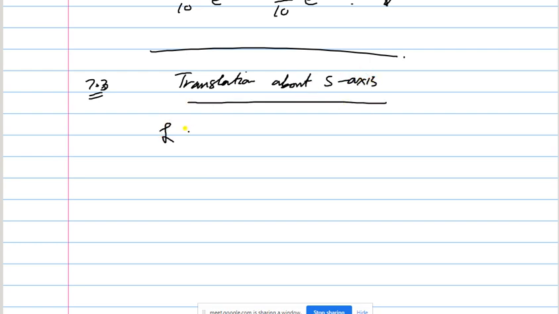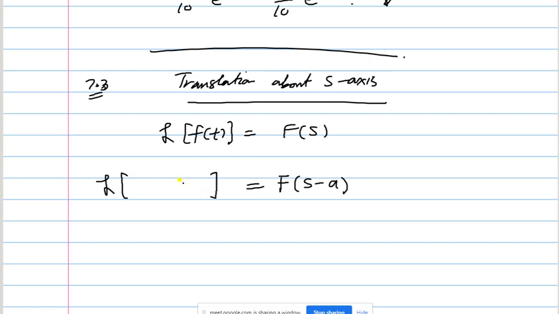You know that Laplace of f(t) is F(s), right? So it says if I translate s to s minus a, then what happens to my original function? Original function gets multiplied by e to the power at. So this translation only gives you this thing. Okay, or you can use this property on the opposite side.